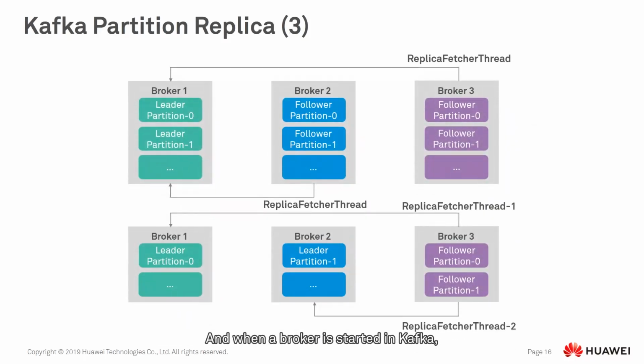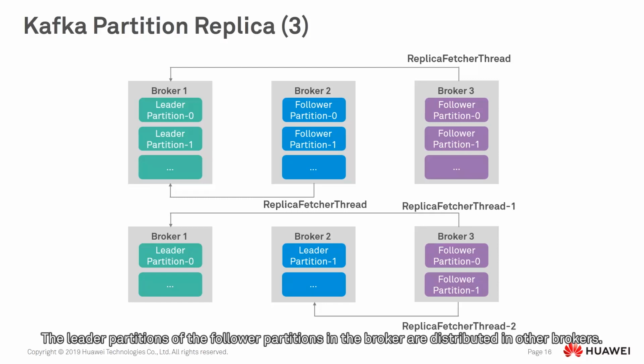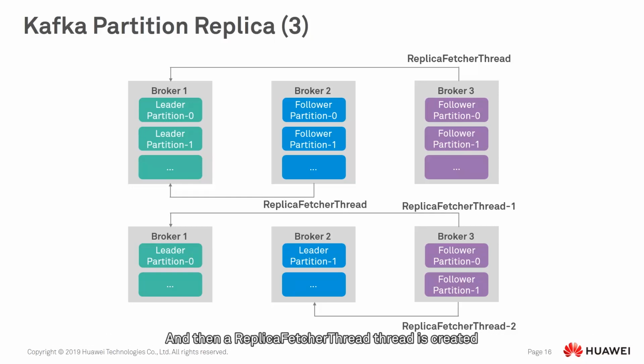And when a broker is started in Kafka, the replica management service, replica manager, is created to maintain the connection between the replica fetcher thread and other brokers. The leader partitions of the follower partitions in the broker are distributed in other brokers, and then a replica fetcher thread is created for each of these brokers to synchronize partition data.